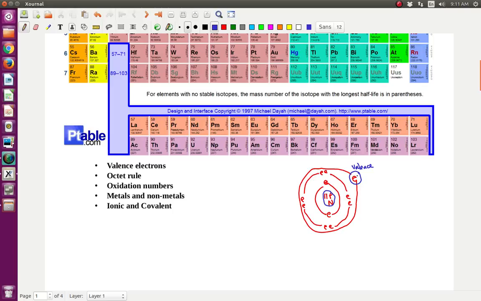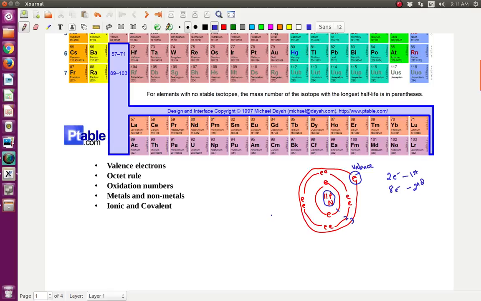Remember that electrons have a negative charge, protons have a positive charge. So 2 electrons in the first energy level, up to 8 electrons in the second energy level, and so that's 10, and then we had 1 more electron in that third energy level, the valence electron. Remember, these are called the principal energy levels, 1, 2, and 3.